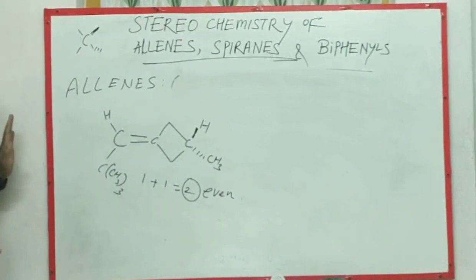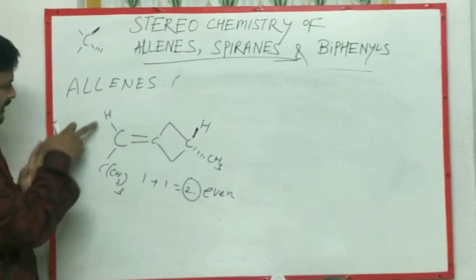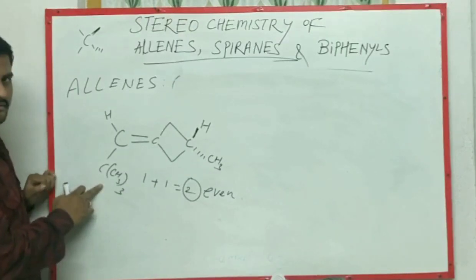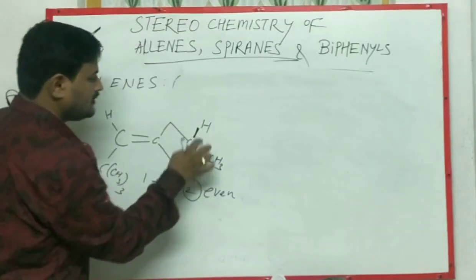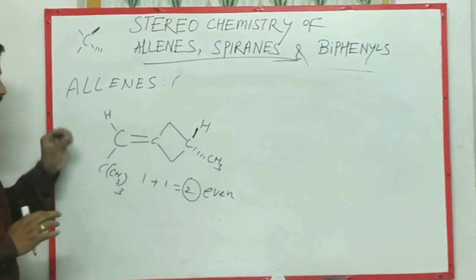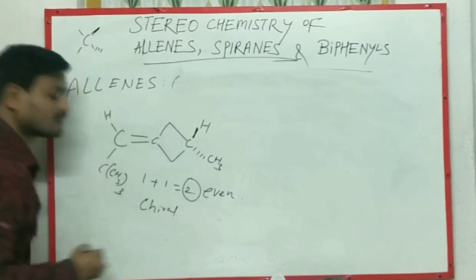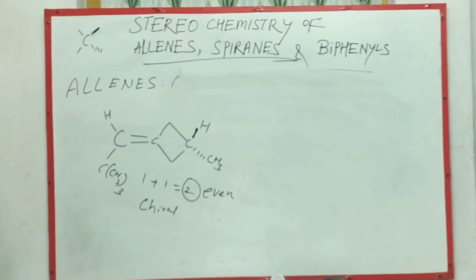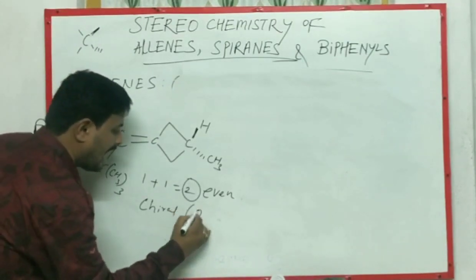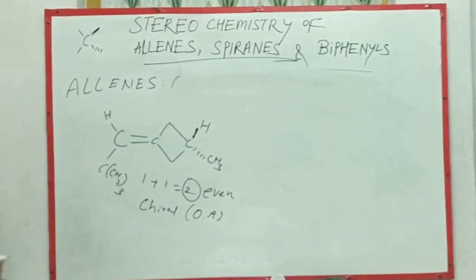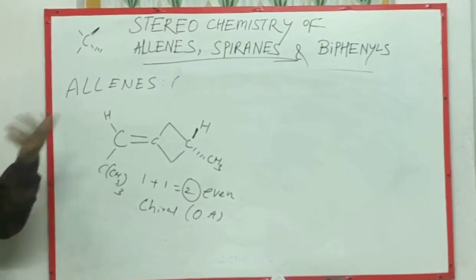Simple thing: instead of double bonds there is a chance of rings being present. These types of allenes also exist. Okay, 1 plus 1, 2, even. Double bonds are over. And again different atoms. Here hydrogen, another group, methyl, another hydrogen. Different groups are there. Then it is chiral, so it is an optically active molecule. Which configuration, R or S?